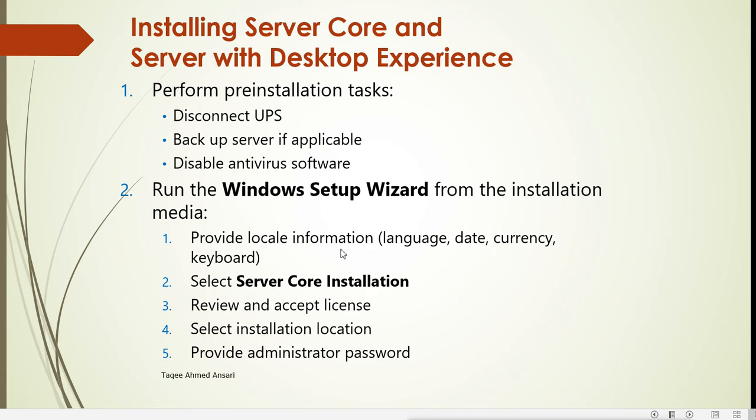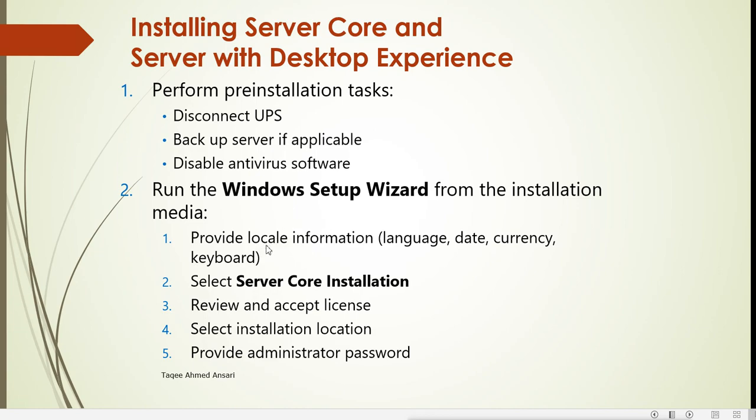In the wizard, the first option you will select is the language, date and currency, and keyboard. So the first option is to select the language, then the region, currency, and also the keyboard layout, just like we did for Windows 10. It is the same as Windows 10.